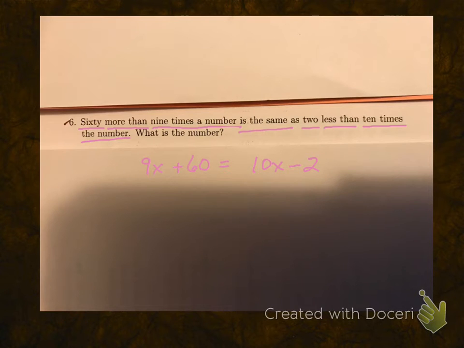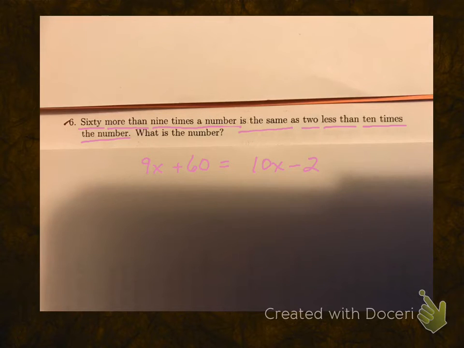Okay. Notice that here it says 10 times a number and we assigned it x. Then it said the number. That refers back to the same number we used right here, which is also x. Okay?